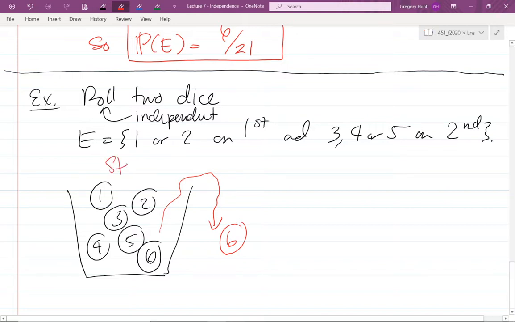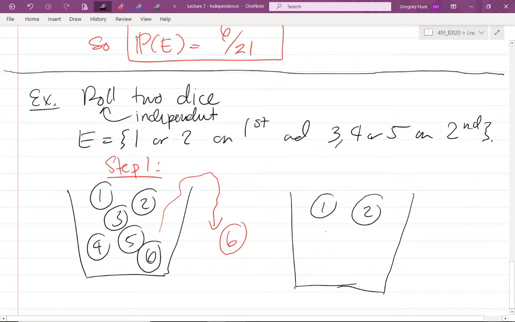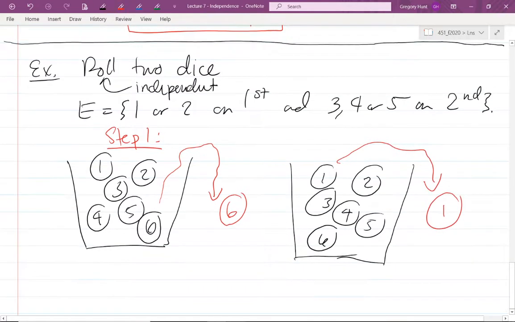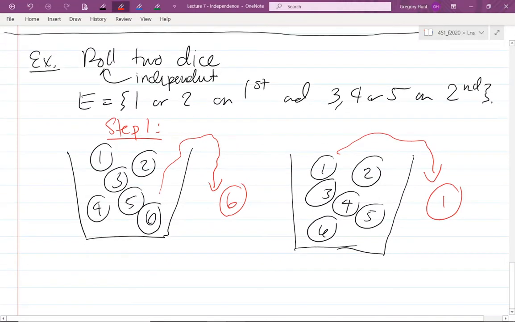So this is step 1. But I sample with replacement. And so I put the 6 back. And I'm going to sample something else. So maybe I sample 1 the second time. So the probability, for example, that, let's say I get the event that is 6 and then 1.